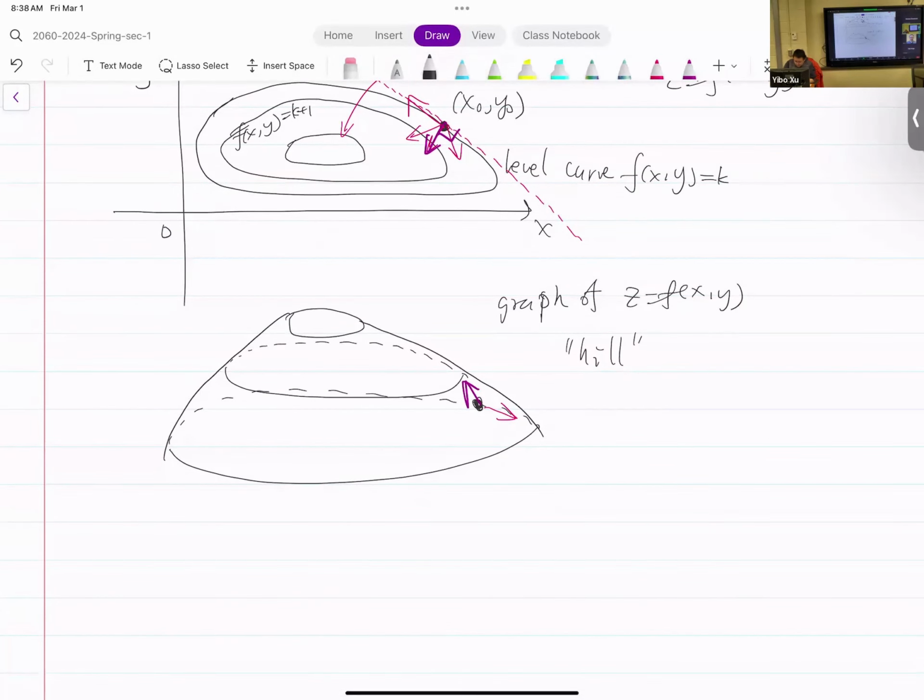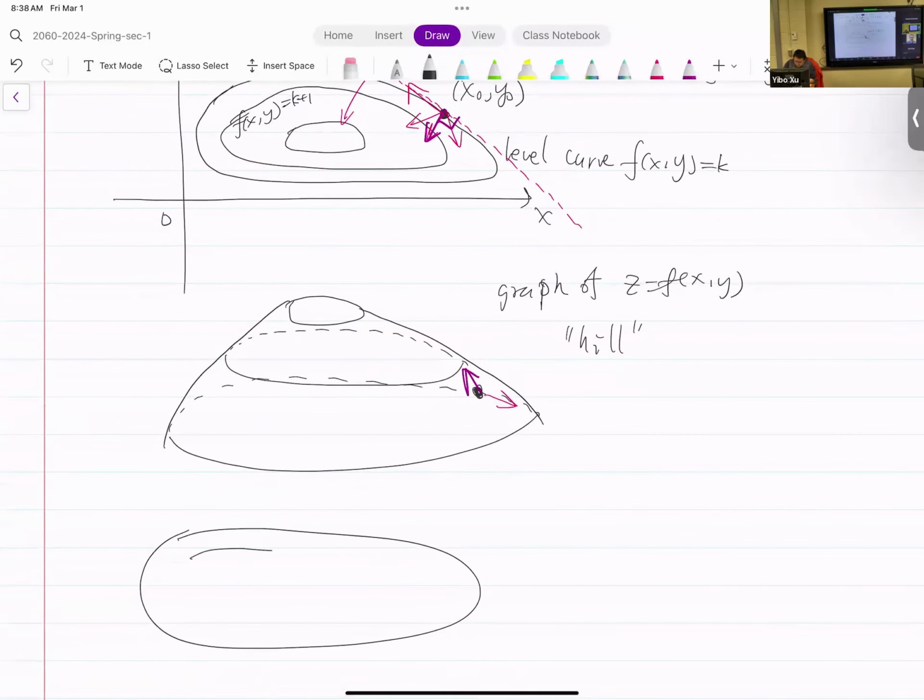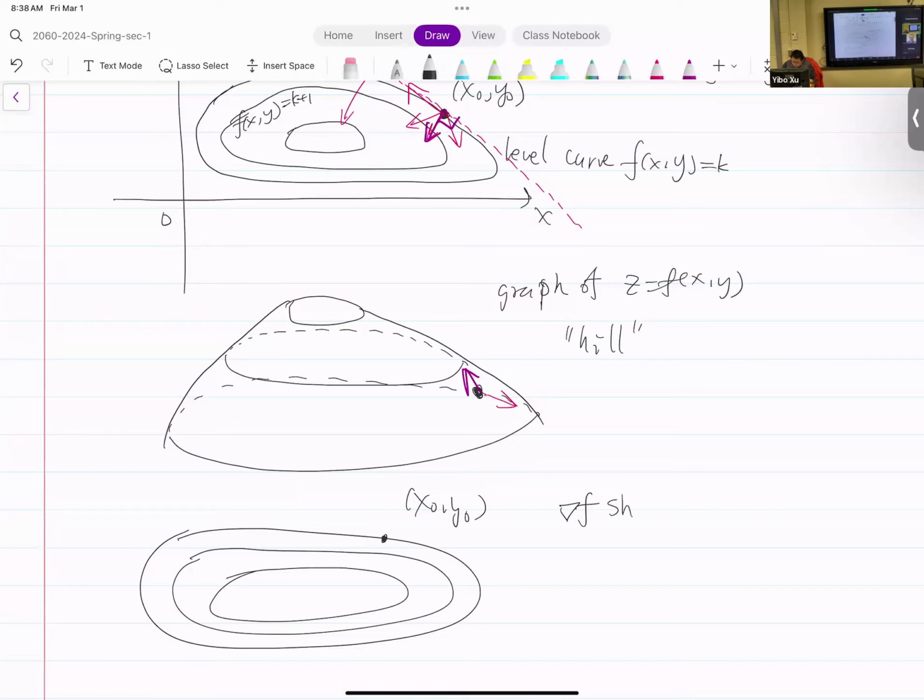So to put down the observation that we had a little bit earlier about the relationship between the tangent and the gradient, I'm just going to put it here. So at the point x0, y0, the gradient should be perpendicular to the level curve.